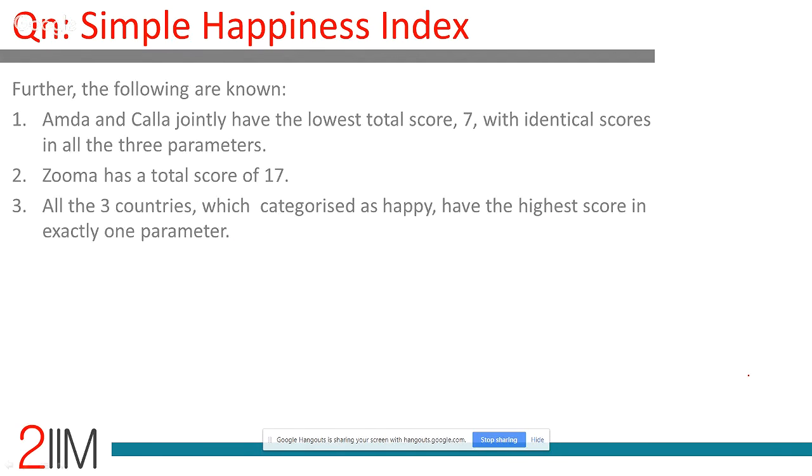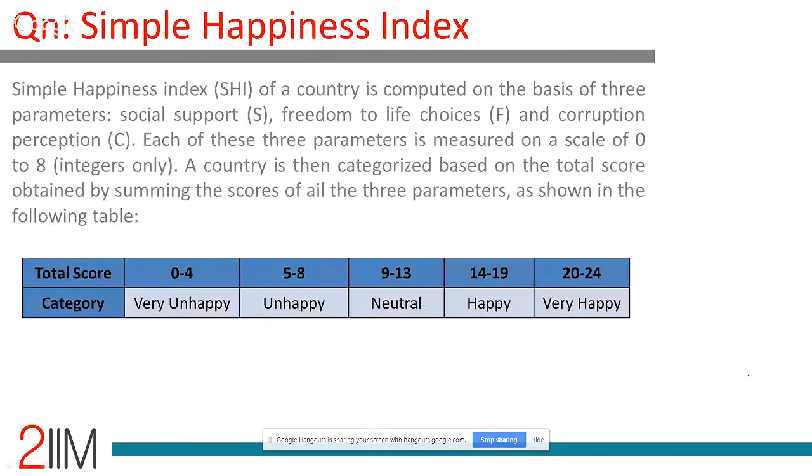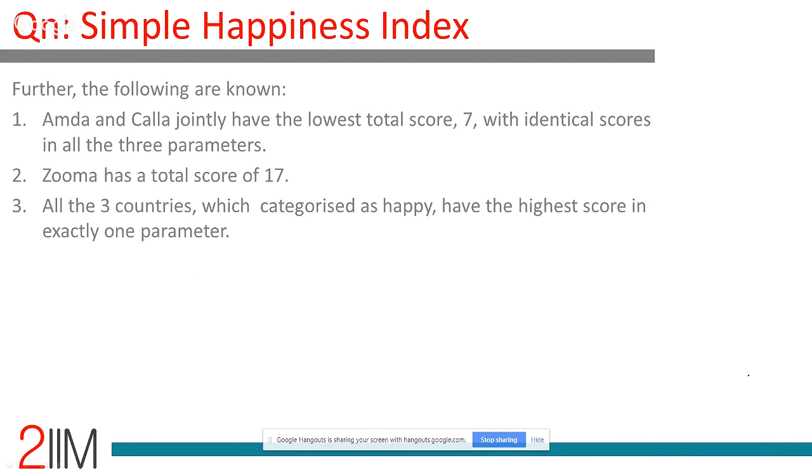Because the 3 countries that have been categorized as happy, which is a score of 14 to 19, each of them have the highest score in exactly 1 parameter. One has scored high in S, 1 in F, 1 in C. Zuma, who has a score of 17, is one of those 3. So Zuma has got a score of 17 by scoring the maximum in one of S, F or C.